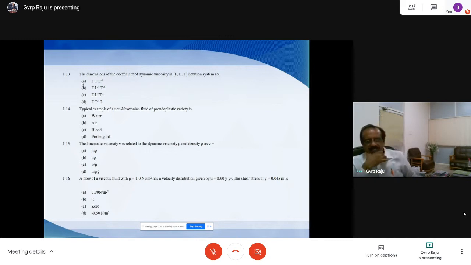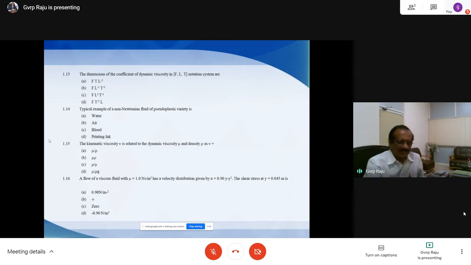1.15. The kinematic viscosity nu is related to dynamic viscosity mu and density rho. So he has given kinematic viscosity, dynamic viscosity and rho, and he is asking for the relation. So the kinematic viscosity is dynamic viscosity divided by mass density. Kinematic viscosity is dynamic viscosity by mass density.